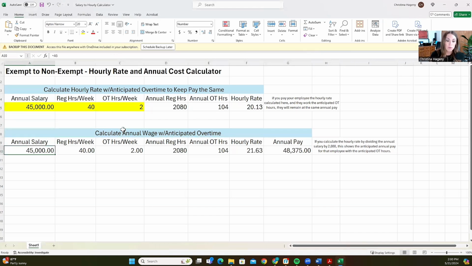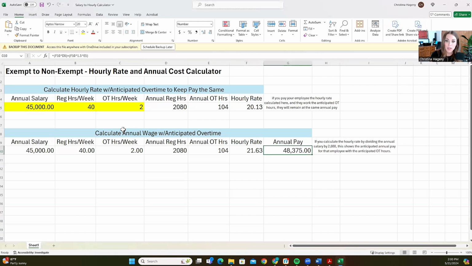Now down here, what we're looking at is if we take the annual salary, and again, this is coming from up here, if we take the annual salary and account for the anticipated overtime that the employee will be working, then we get this hourly rate, which is just the annual divided by 2,080. So 52 weeks, 40 hours per week.